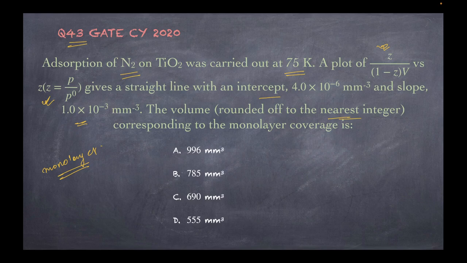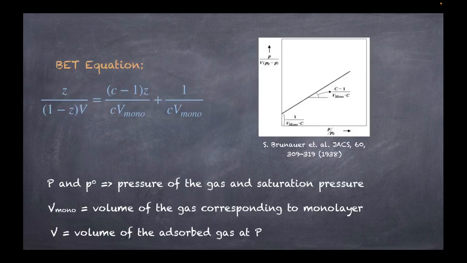So for multilayer adsorption we use the BET isotherm, which is the BET equation. We are not deriving the BET equation here. The BET equation is Z divided by (1 minus Z) times V equal to (C minus 1) times Z divided by (C times V monolayer) plus 1 divided by (C times V monolayer).